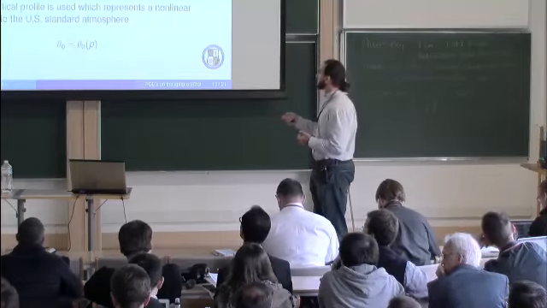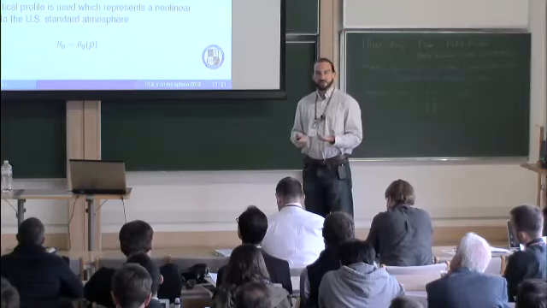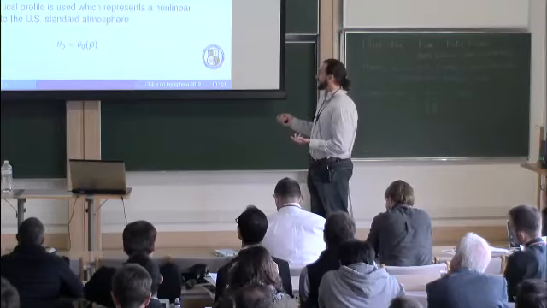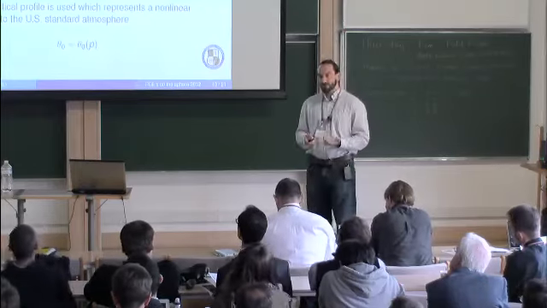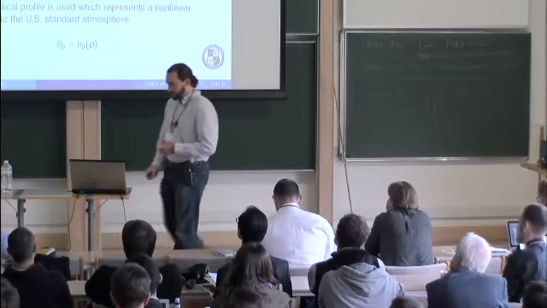The way we do this is I borrow an idea from most limited-area models, and also from a Woodward paper where they did this in CAM Eulerian, and they extract a hydrostatically balanced basic state. For my purposes, since I do have to worry about CFL violations, I use a single vertical profile where I did a nonlinear regression to the US standard atmosphere, and I made it a function of pressure. By making it a function of pressure, that's how I move this terrain influence to the right-hand side and try to reduce the terrain resonance.